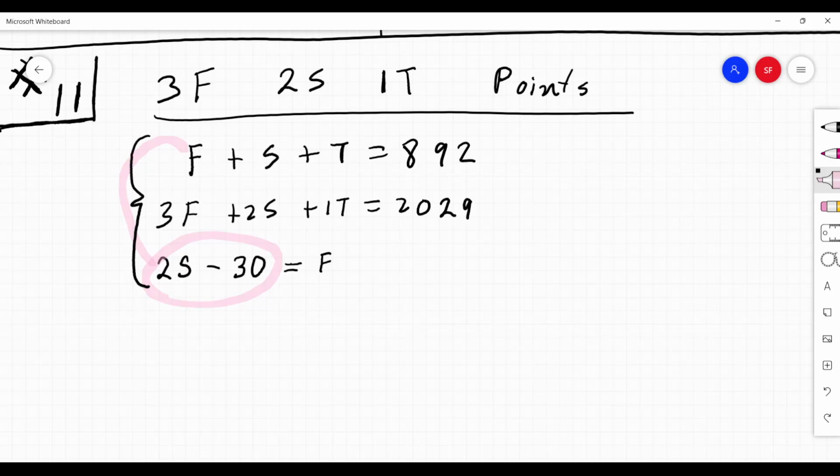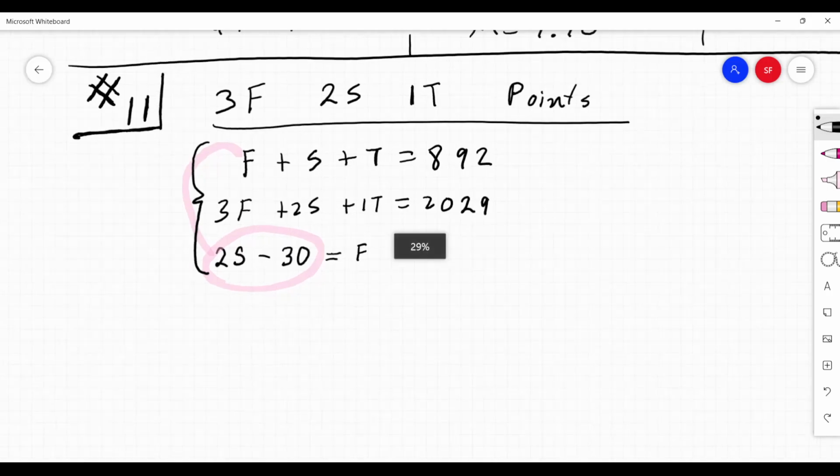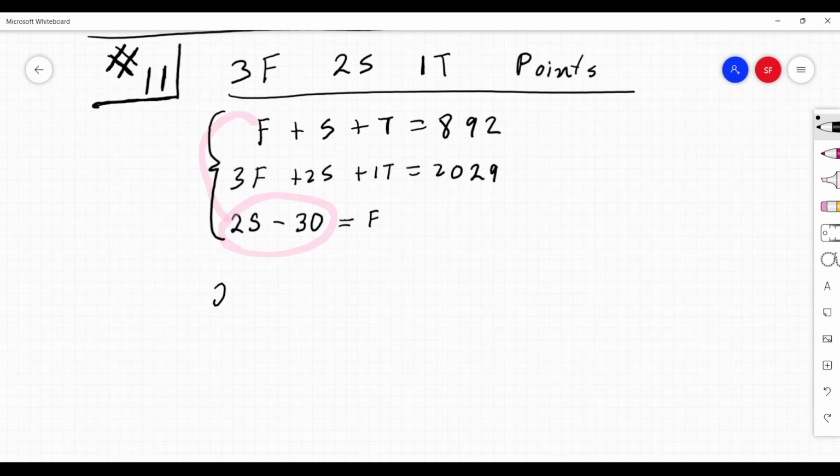Then we have 2F minus 4 plus S. Put 30, otherwise it's going to confuse you. Pretend like you're reading out of my book. Okay, before we do anything else, we should probably clean this guy up, right?